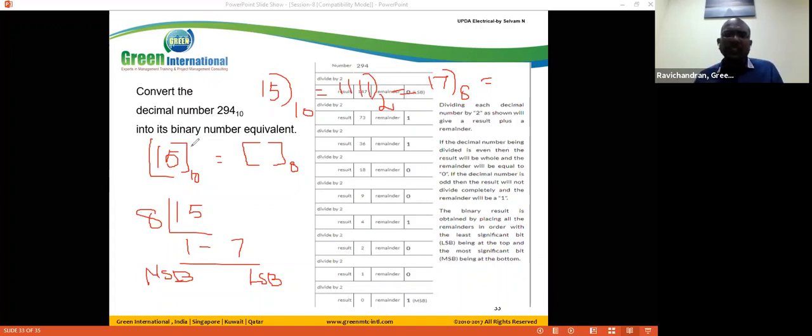So that's why 15 is written as F. So 15 base 10 is equal to F; that is how we convert the decimal number to different systems.